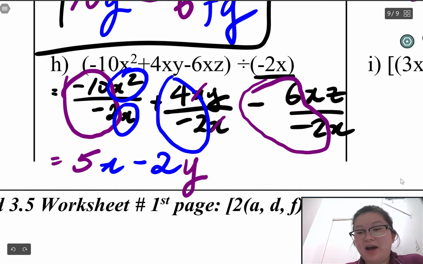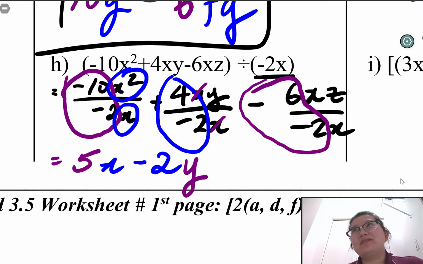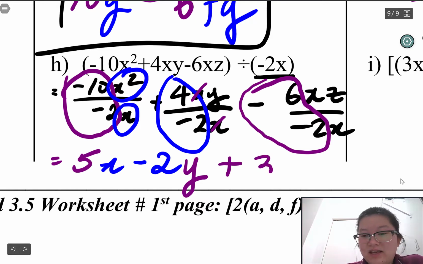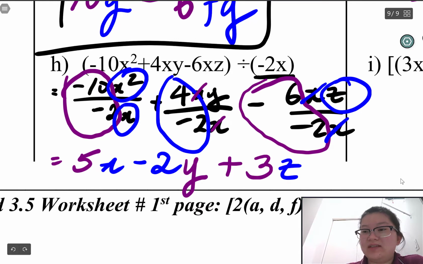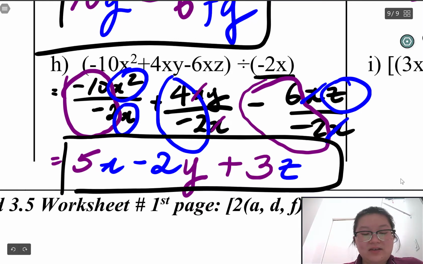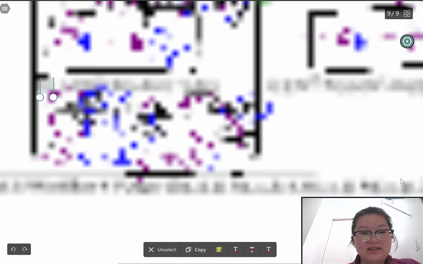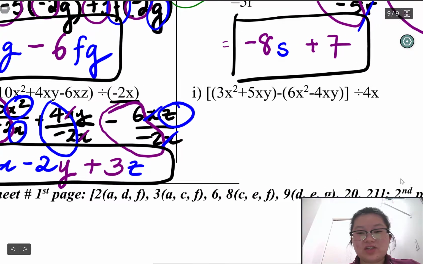And if I have minus 6, it's the same as treating it as plus. A minus 6 is like plus negative 6. So it's the same idea. That will give me negative and a negative, plus 3, in which my x and the x will cancel out, and I will be left with a z. So here we go. That is our answer for H.